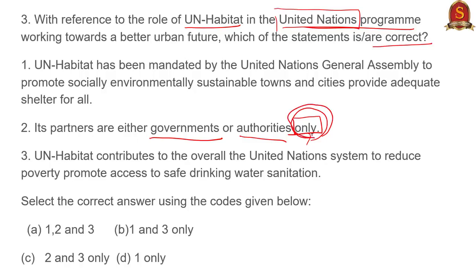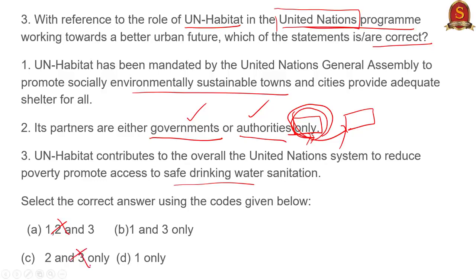But when you use the word only, you clearly know that it is kind of a restriction which the organization is placing on itself. Like if you want to provide safe drinking water and sanitation, environmentally sustainable solutions, why would you restrict yourself to operating with only governments and authorities? Why don't you go further? So if you just use that logic, you know that both option A and option C go out of contention because your second statement is wrong.